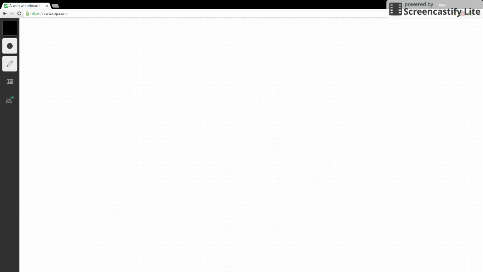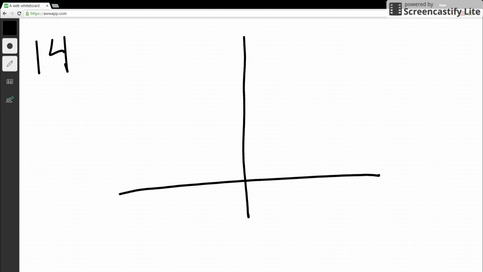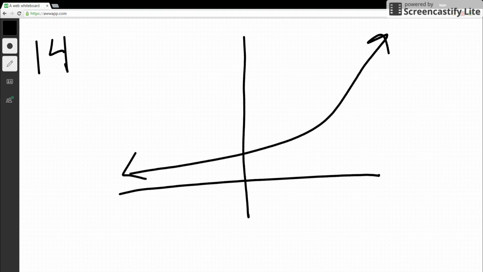All right, look at the next one, number 14. It says, which of the following could model the graph? So here's the graph. Something like this. So this is increasing. So what this means is the r value is larger than 1.